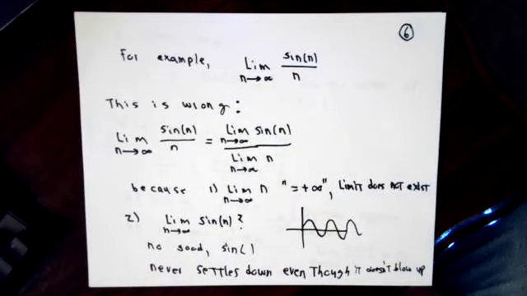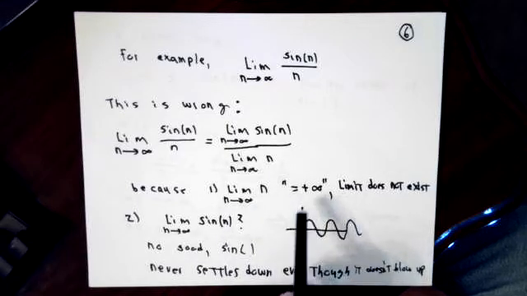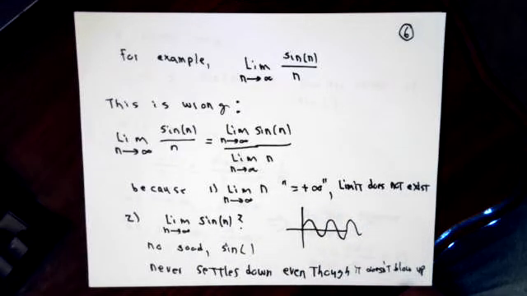This is wrong for two reasons. Reason number one, the limit on the bottom, which people would say equals plus infinity, that limit doesn't exist. A limit existing means that it equals an actual real number, not the infinity symbols.